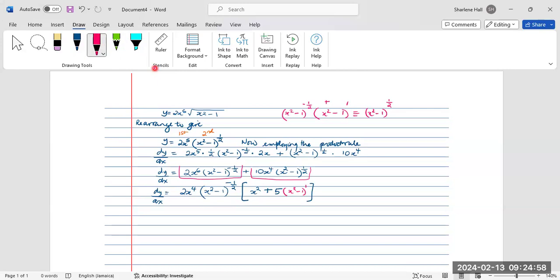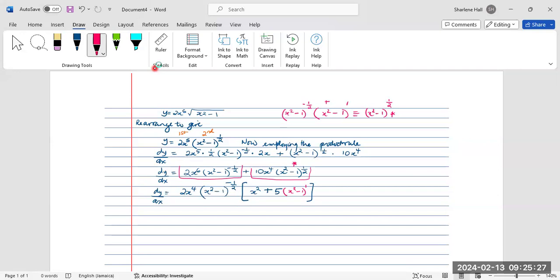want here. So if you look here, we have x squared minus 1 to the positive half right there, and this is exactly the same thing. But because I want that, I have to multiply this by a positive 1. If I had multiplied it by negative 1, I would have gotten x squared minus 1 to the negative 3 over 2, and that would not have been my correct answer.